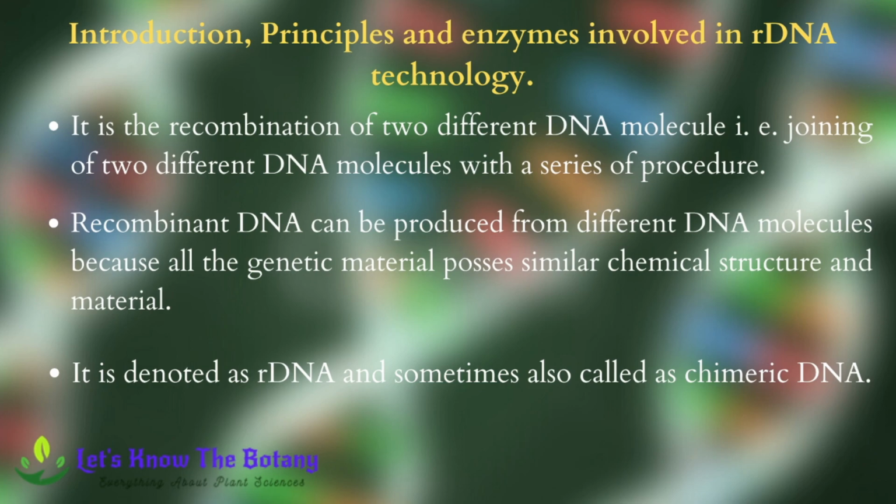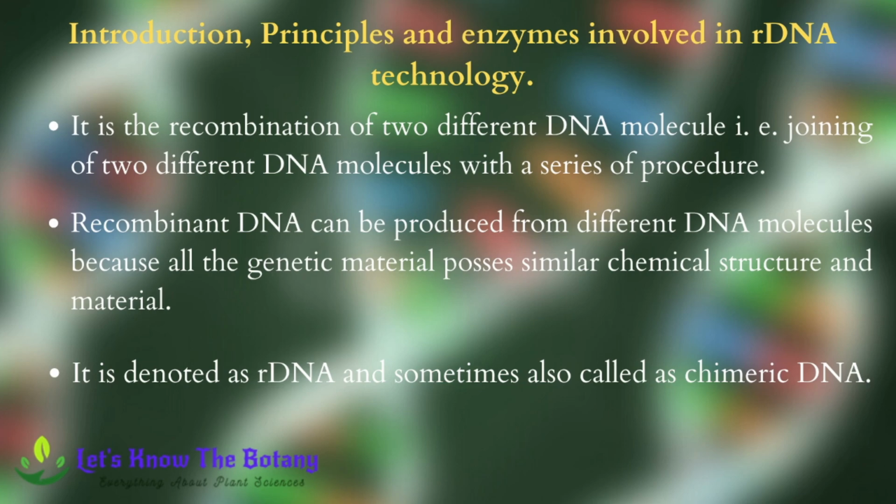This recombinant DNA can be produced deliberately in the laboratory. Before the production of such a new combination of DNA, the specific sequences are chosen as per the requirement of the experiment and then the procedure is followed.